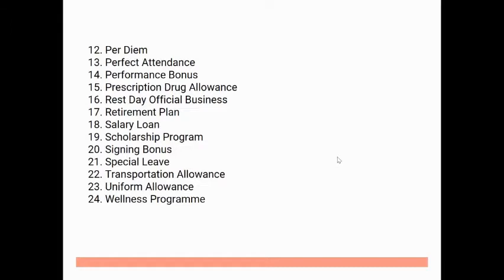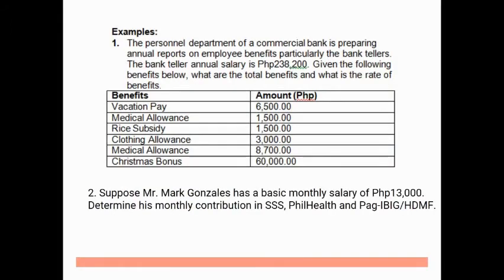and lastly, wellness program. So first example, the personnel department of a commercial bank is preparing annual reports on employee benefits, particularly the bank tellers. The bank teller's annual salary is 238,200 pesos, given the following benefits below. What are the total benefits and what is the rate of benefits?